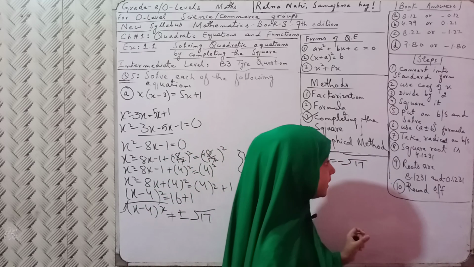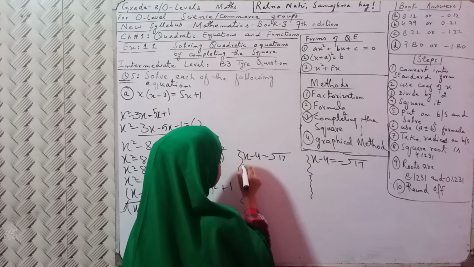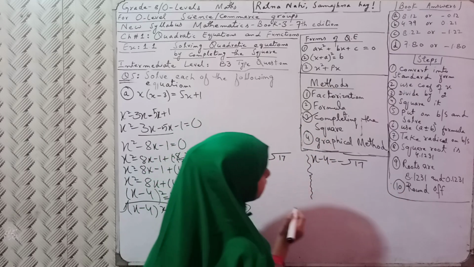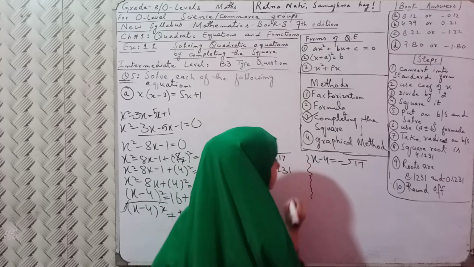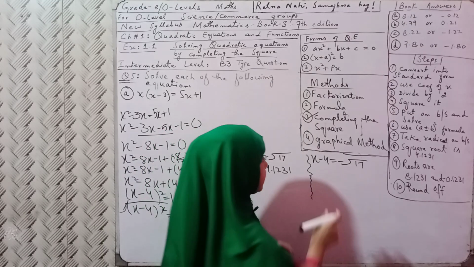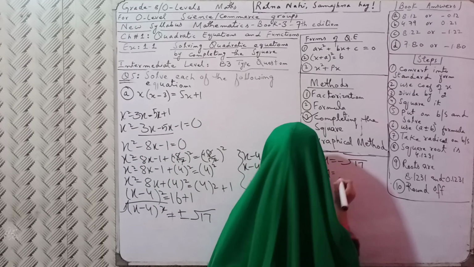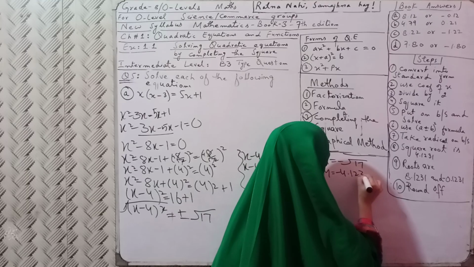Now square root is 4.1231. x minus 4 is equal to 4.1231. And I am solving both in one time. Minus 4.1231.